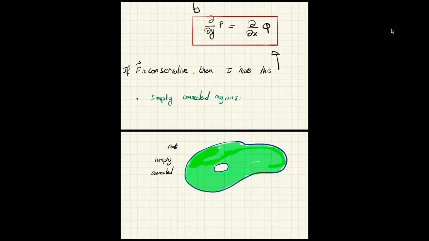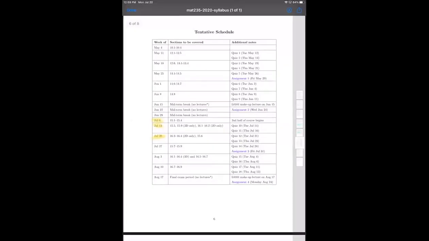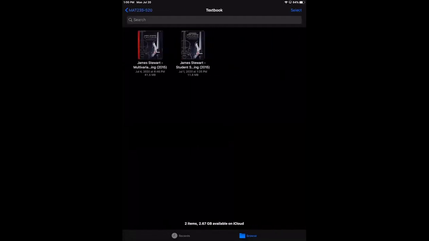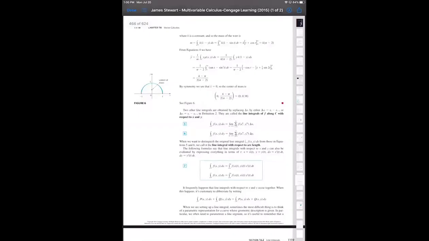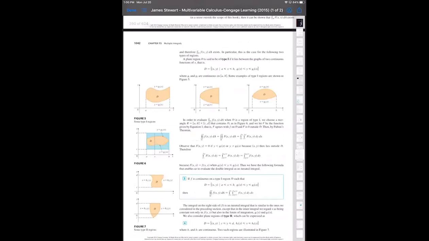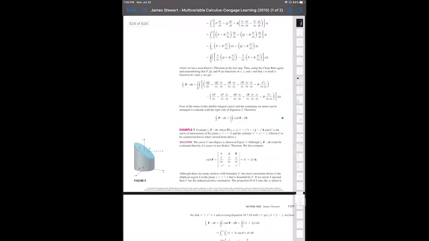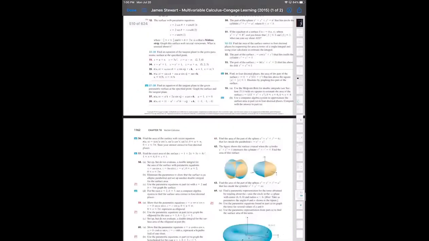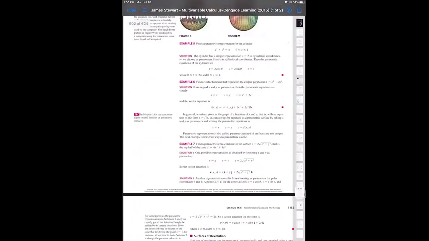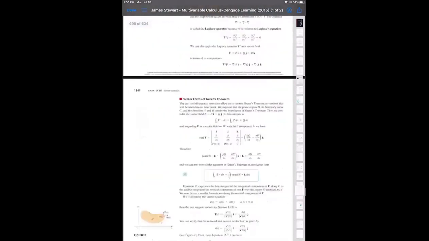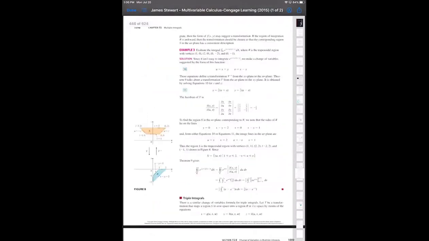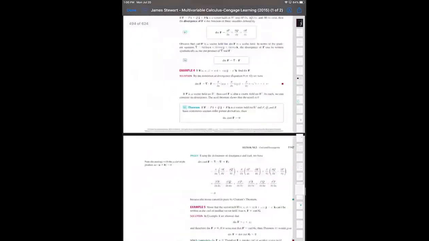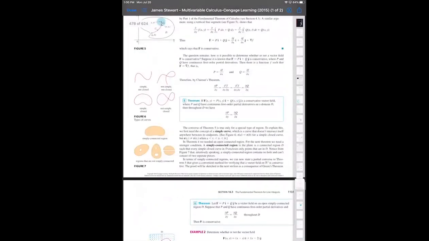Okay, and there are a couple of pictures in the book that show other examples. This is chapter 16. See?